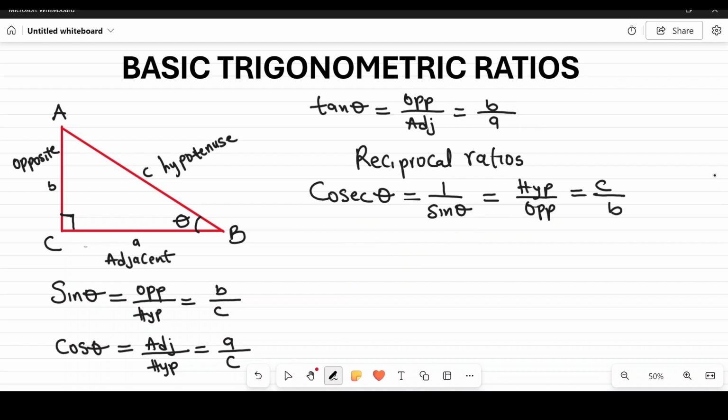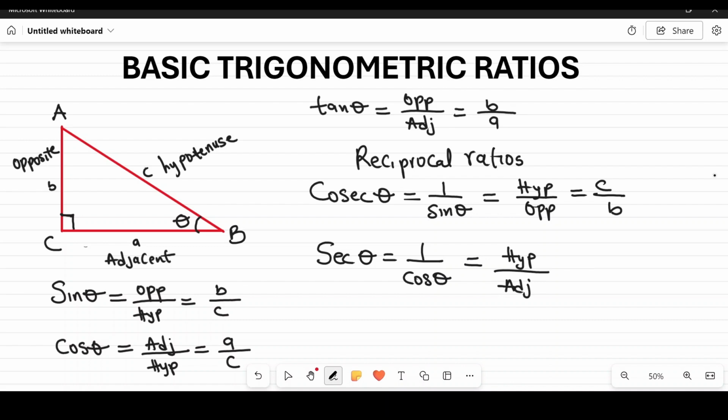Another ratio we have here is known as secant, which is written as sec theta, and it is defined to be the inverse of cos theta. We know that cos theta is given as adjacent divided by hypotenuse. So therefore the inverse of that is hypotenuse divided by adjacent.